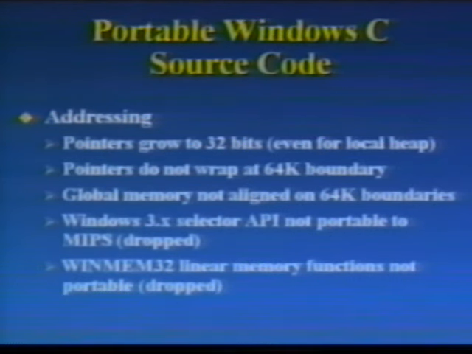All right, moving on to some of the standard issues with moving C code to 32 bits. As an aside, Jeff Harbers is going to be giving a talk later on today on Microsoft Foundation classes in C++. This particular talk really defines the portability issues with moving C code, both with respect to the API as well as with respect to C itself.